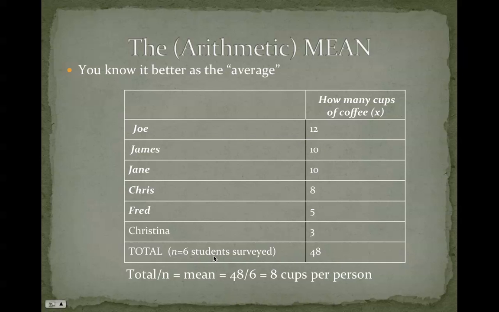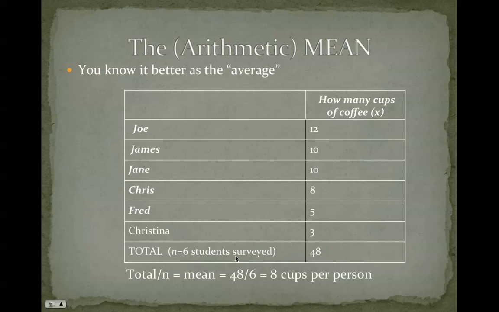And the total number of people, or the total number sampled, or the total number of, I don't know, cars, or whatever you're looking at, in this case it's the number of students, the total number is given the letter n. And it's also referred to as the sample size. But the n stands for number. Okay, so the total number is n.